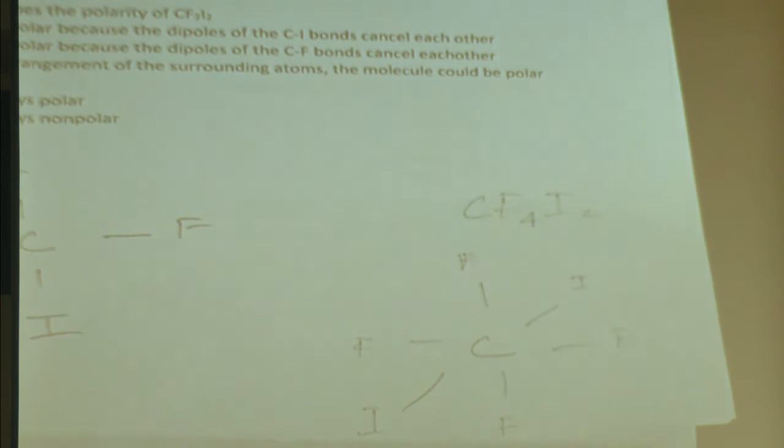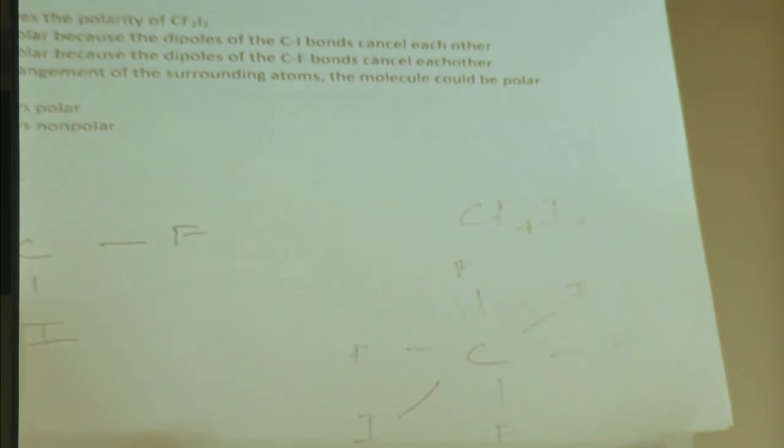Well, when we look at that, the iodine will cancel out with the iodine. That makes sense. And then those fluorines will cancel out with each other, and this will be nonpolar. But this is polar because you can't get them all to line up on a plane without this iodine also being in the structure and dealing with the fluorine. So I thought this was a good one because we don't see a lot of these where it's two different halogens.